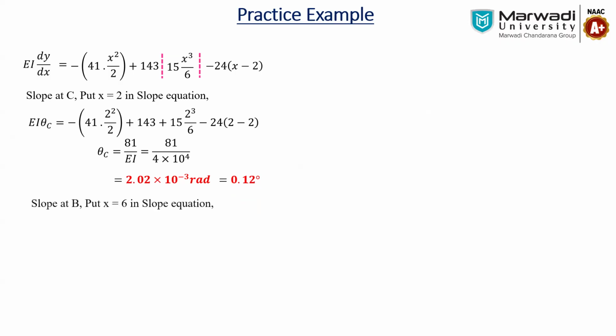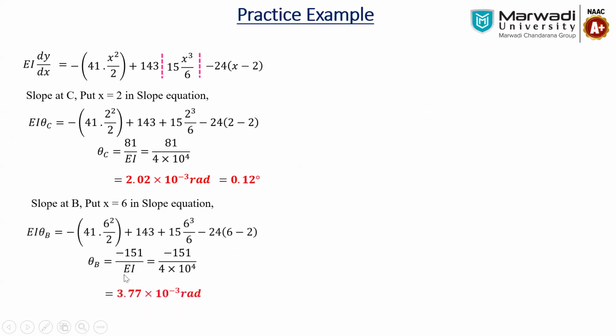Next, if we have to find out the slope at B, we can put x equal to 6 as B is 6 meters away from the origin, right? So x equal to 6 if you put in this equation, and if we do the calculation, theta b we will get minus 151 by EI. So what is the indication of the minus sign over here?